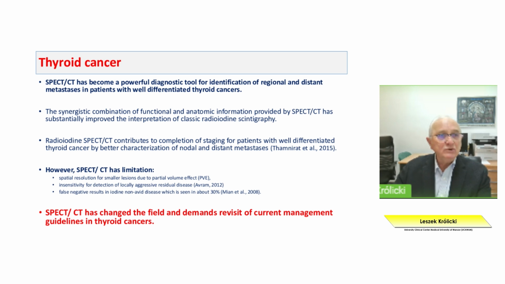And now another example, thyroid cancer. It seems that without SPECT CT hybrid examination, it will be hard for us to interpret the images in order to determine iodine presence, the dynamics of which is not very favorable for gamma cameras.